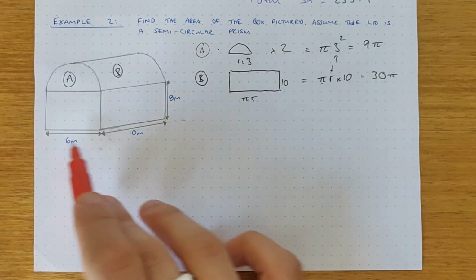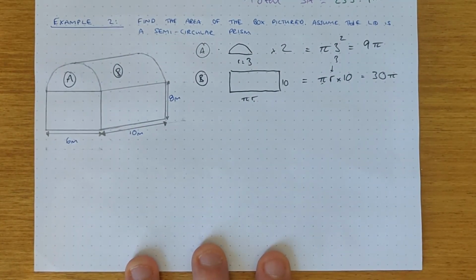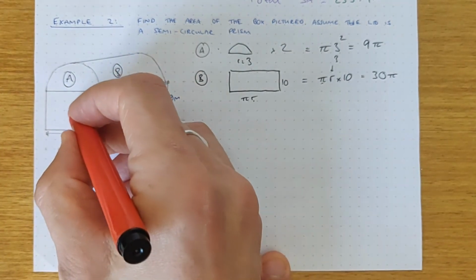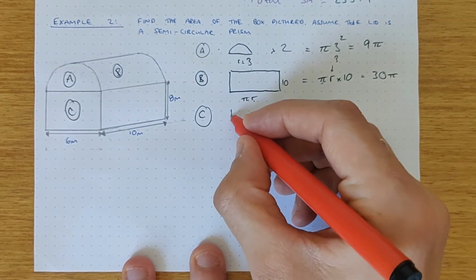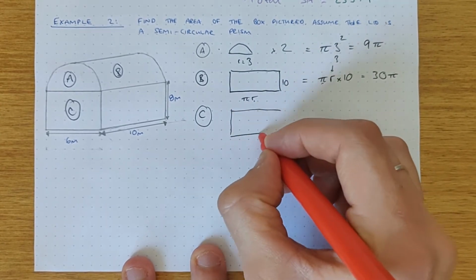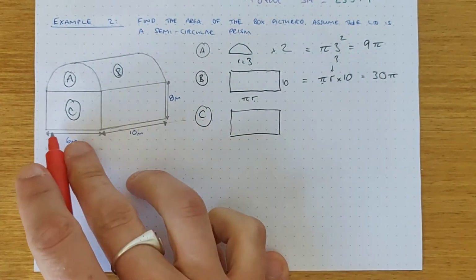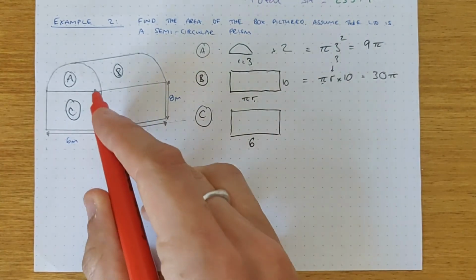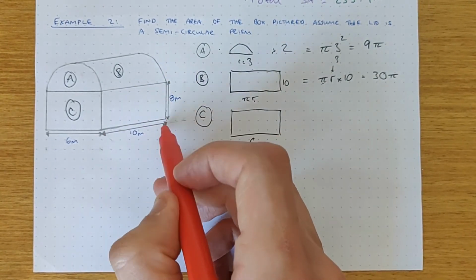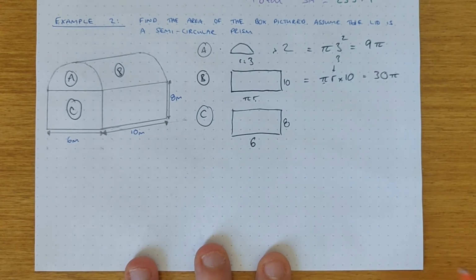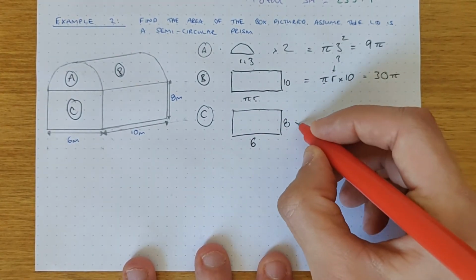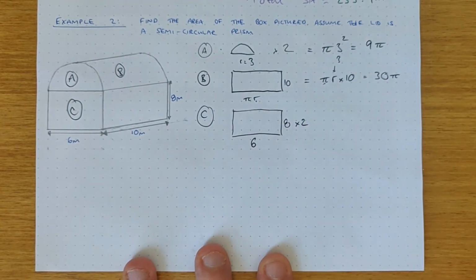Now, those are 3 faces I've done, because there's 1, 2, and the curved face. Now I want to look at my cuboid on the bottom. I've got this face on the front, I'm going to label as C. I can clearly see this is a rectangle. I have a base of 6. I have a height, which is the same as this height over here, of 8. Okay, and these I also have two of, importantly.